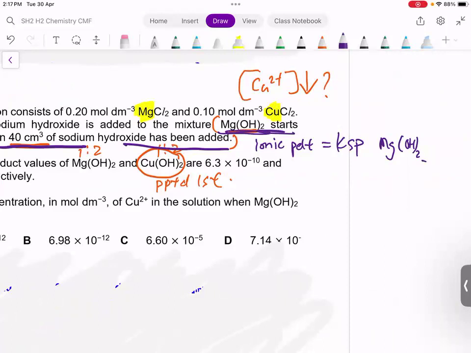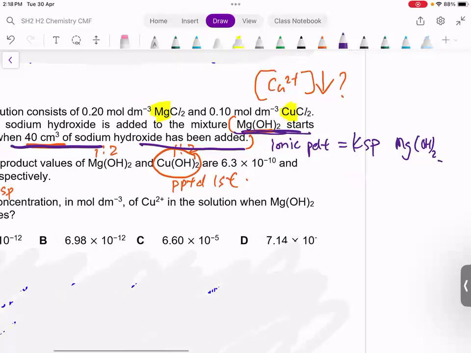Okay, then what happens? Then what do I do next?